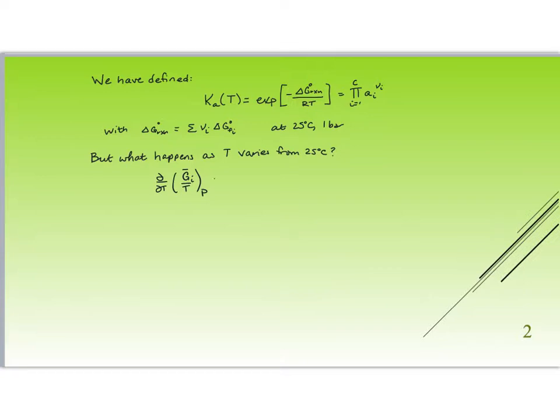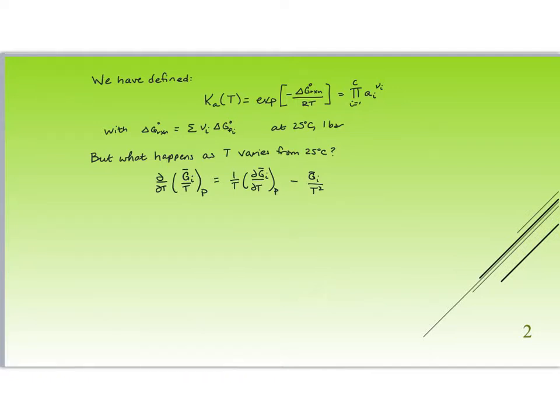And so I can just simply use a product or quotient rule, whichever way you like to think of it. And it's going to be dG_i/dT times 1 over T, minus G_i divided by T squared, taking the derivative of the 1 over T.